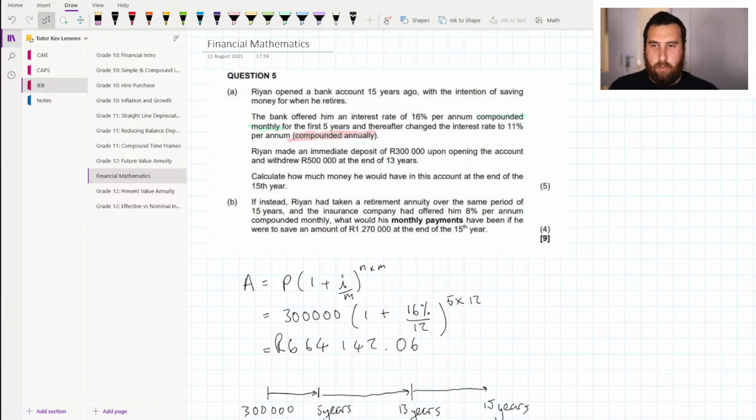So here we found what our target is. We want to have that amount after 15 years. So now they're basically saying, how much do you need to put in each month so that we can get to this amount? They've highlighted that they want monthly payments here, which makes sense.